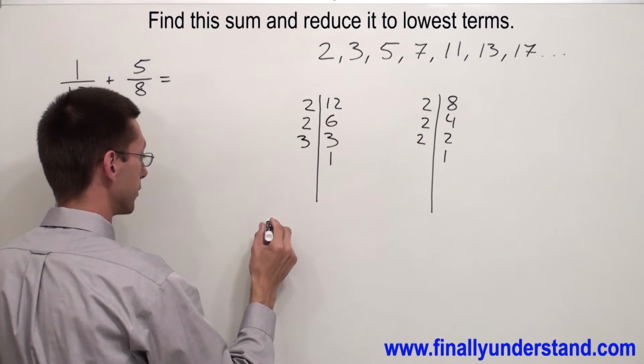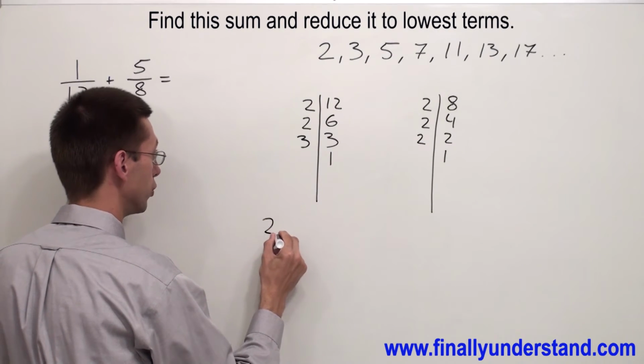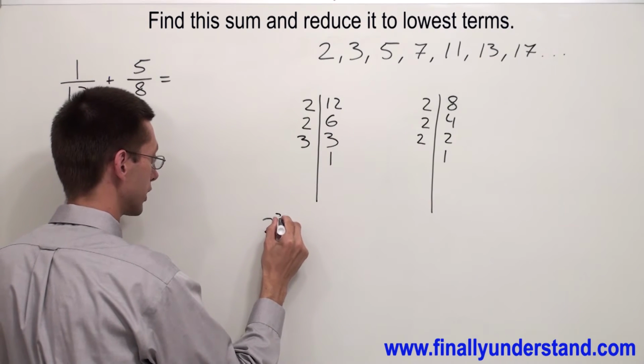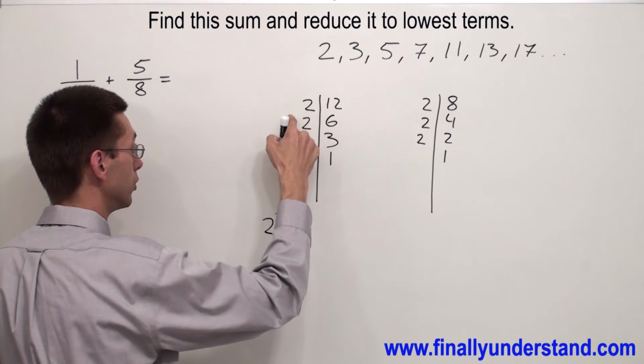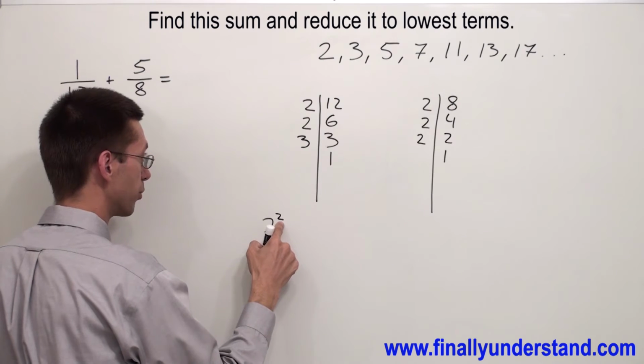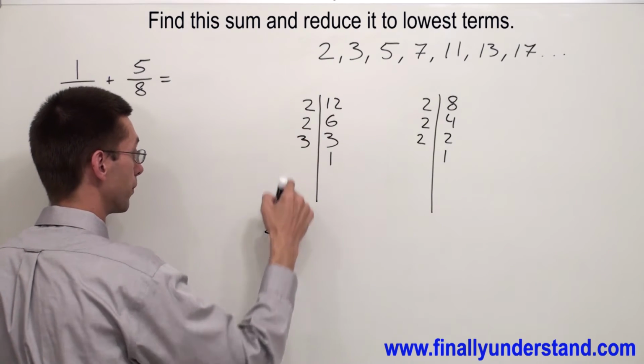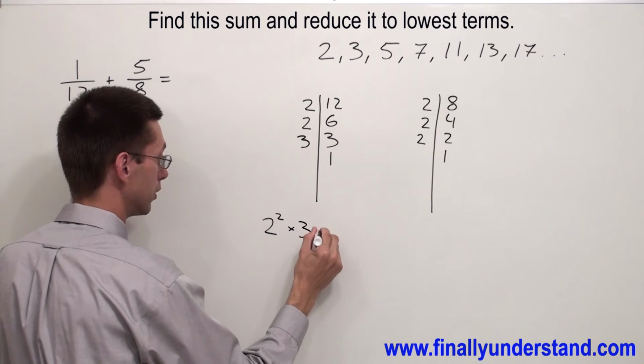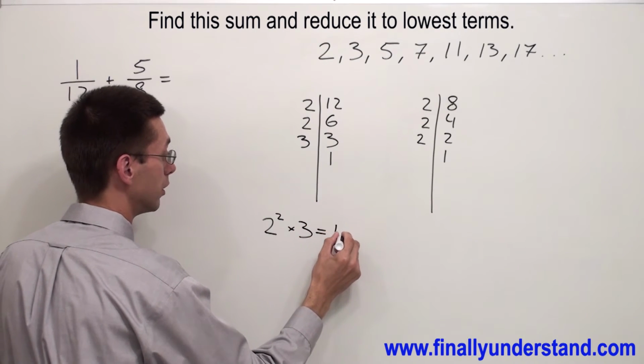What do I mean by that? Instead of writing number 2 twice, I'm going to write 2 to the second power, because I have 2 times 2. 2 to the second power times 3 is equal to 12.